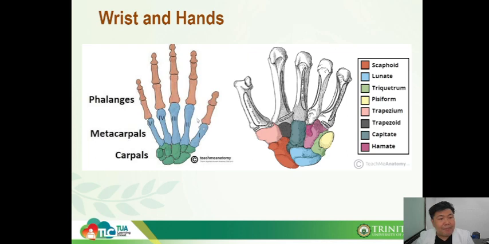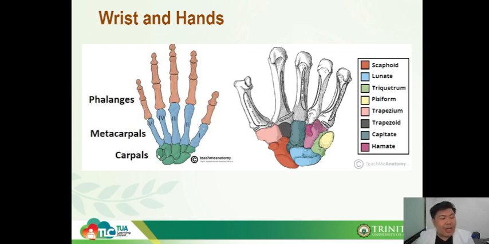So papunta ng medial yung direction. So from thumb, number 1, second is your pointing finger, third is the longest finger that you have, number 4 is the ring finger, and number 5 is the pinky. And the most distal parts of our hands are called the phalanges, which are also long bones.